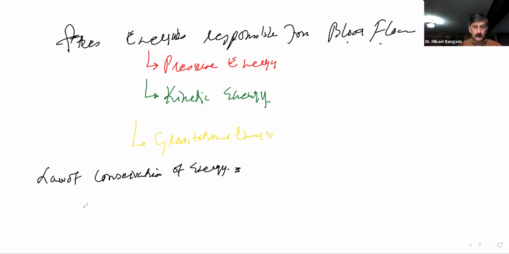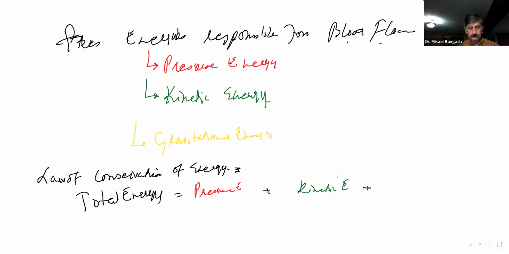It means the total energy is going to be equal to the sum of the potential energy, the kinetic energy, and the gravitational energy.